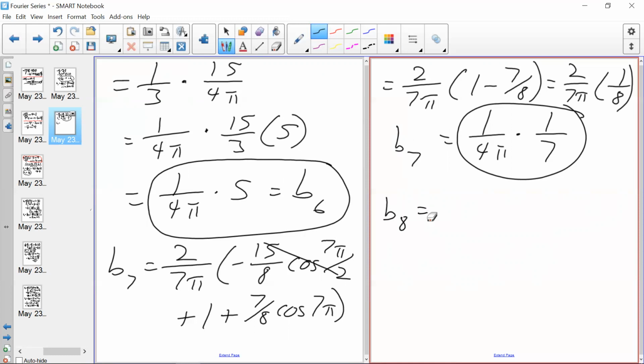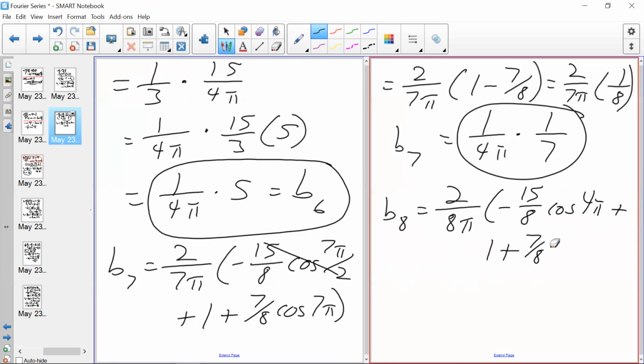Lastly, for B8, 2 over n pi, n is equal to 8. And that's negative 15 over 8 cosine of 4 pi plus 1 plus 7/8 cosine of 8 pi.